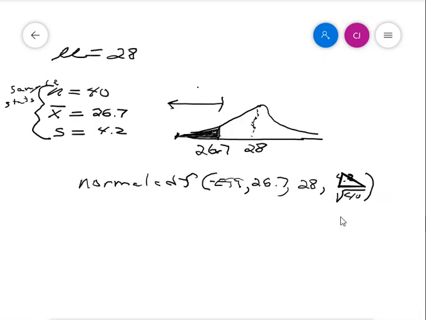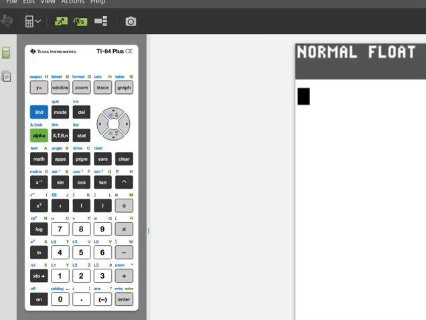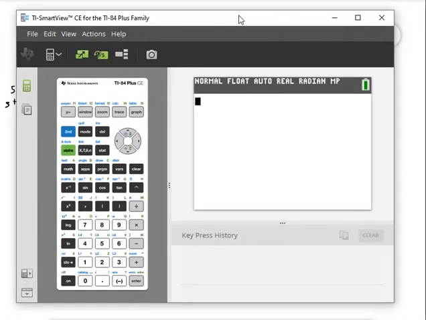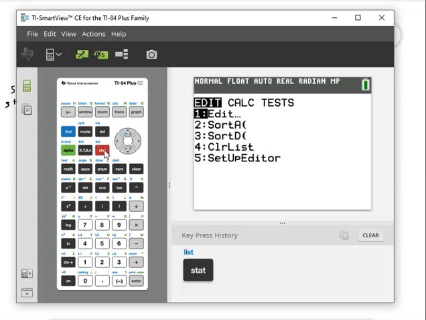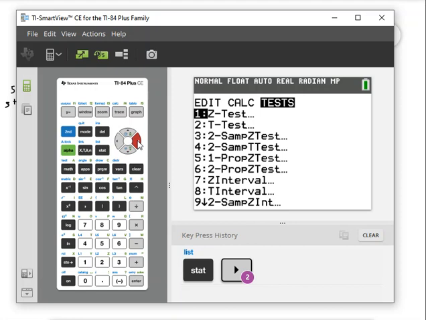Again, we're going to bring our calculator over. Remember when we found that, we went into stat, test, and this time we're going to run a t-test.